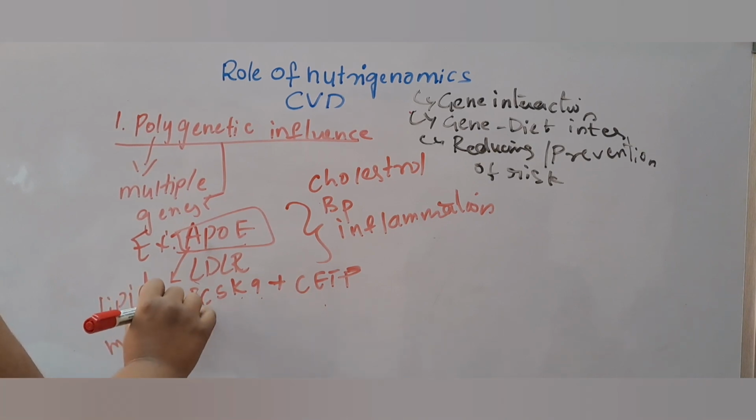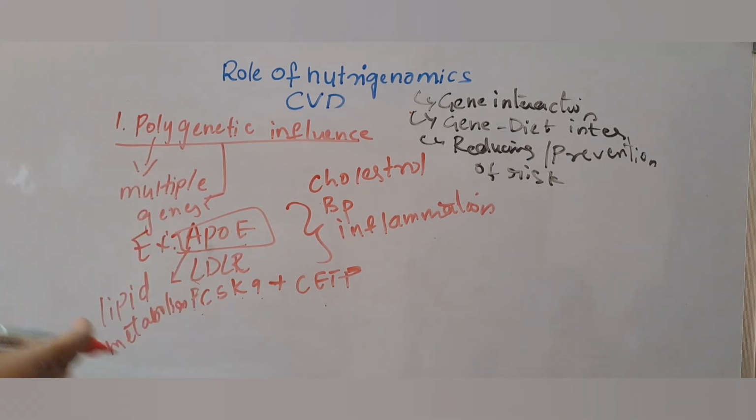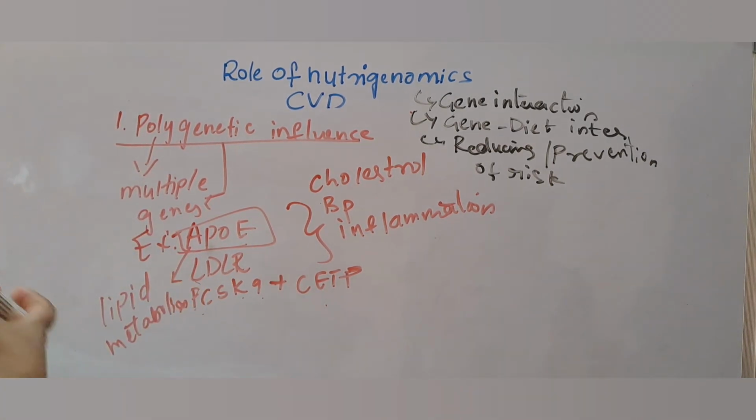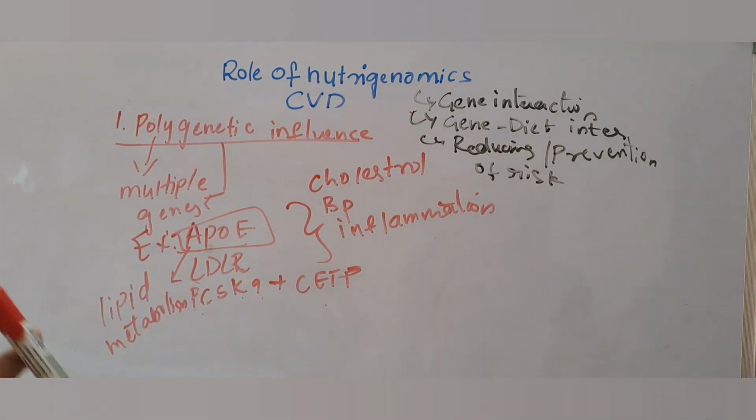In lipid metabolism we talk about fat, right? In gene-diet interactions, certain genetic variations affect how the body responds to fats, carbs and other nutrients, which impacts CVD risk.